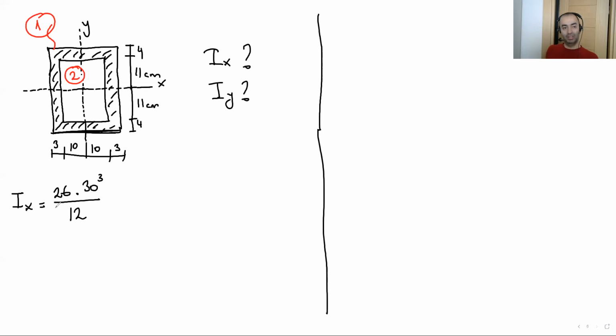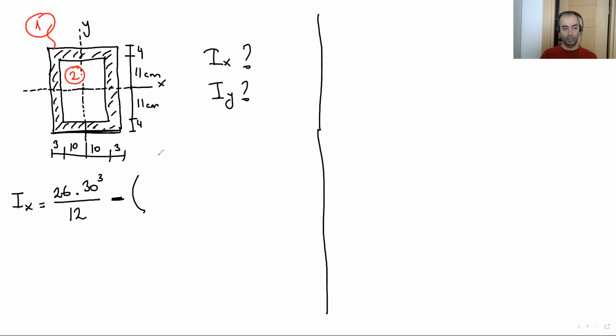Now let's remove the second one, number 2, minus. Here we have again a rectangular section.